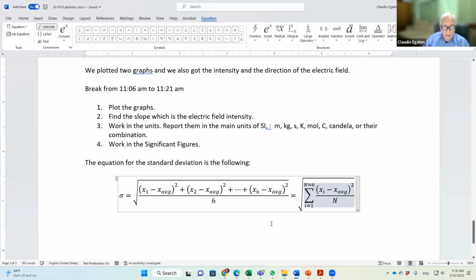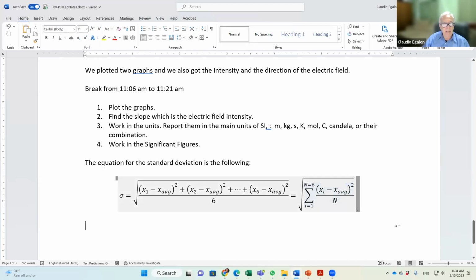Okay, everything here is a square root. If you do dimensional analysis of this equation, x has units of meter, x average has units of meter, n has no unit whatsoever, the unitless quantity.